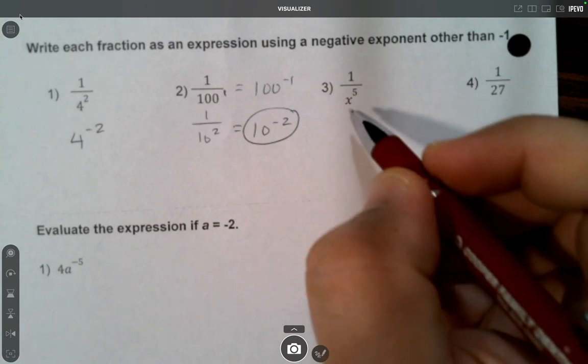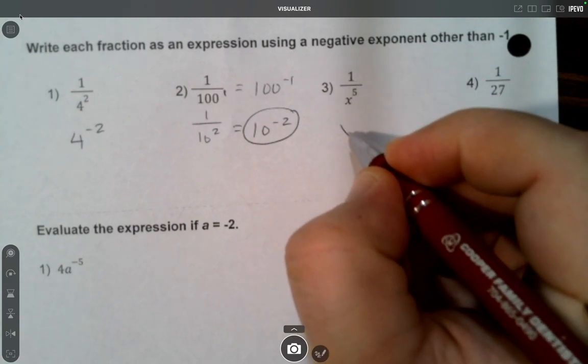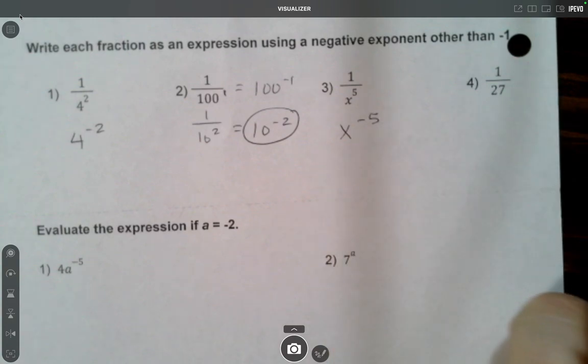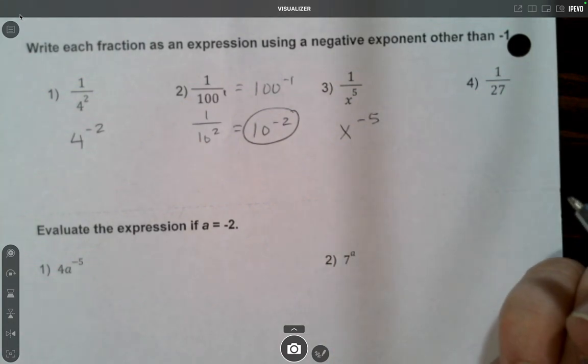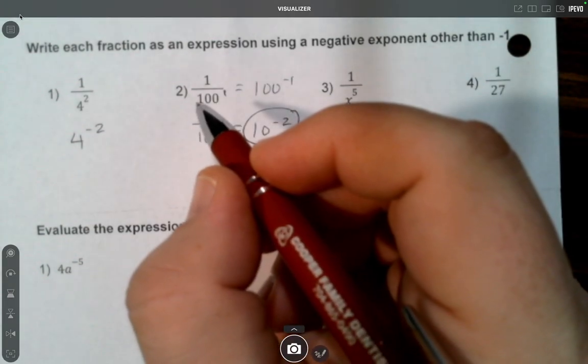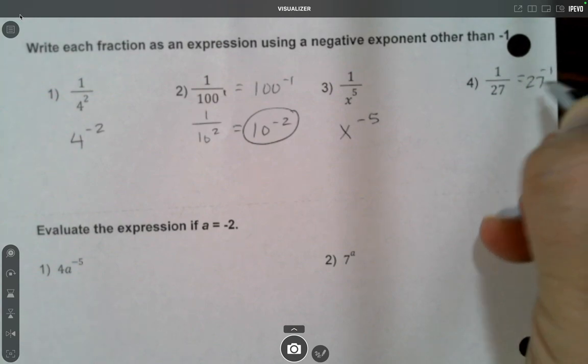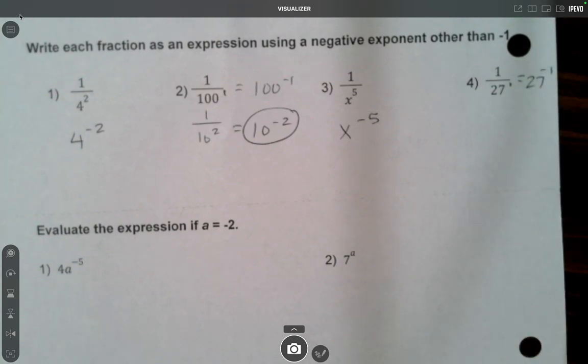Okay, number 3, 1 divided by x to the fifth is the same as x to the negative fifth. Now on number 4, we run into the same problem we had with number 2. It's true that this is equal to 27 to the negative 1, because that's 27 to the first power, but they want to use an exponent other than negative 1.